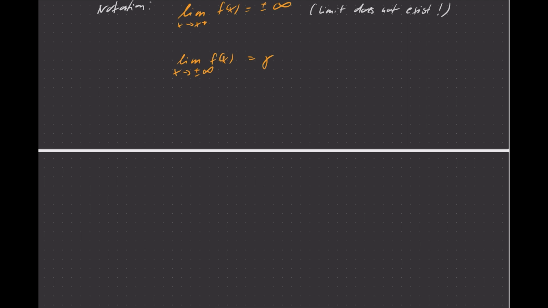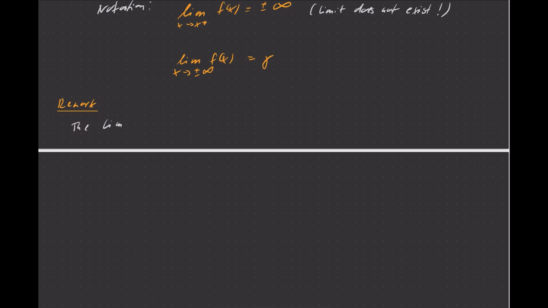As a quick remark, there is, of course, a relation between limits and one-sided limits. A limit for a function exists if and only if both one-sided limits exist and coincide.